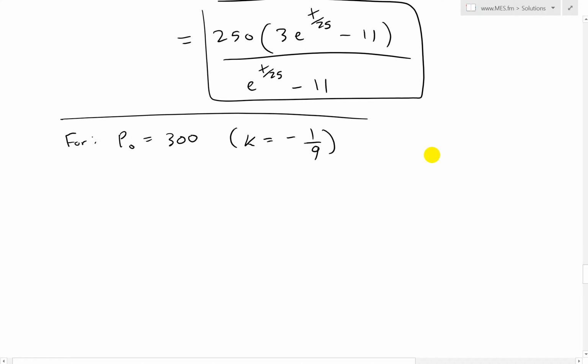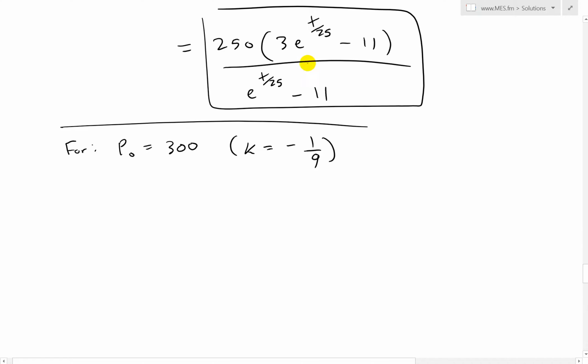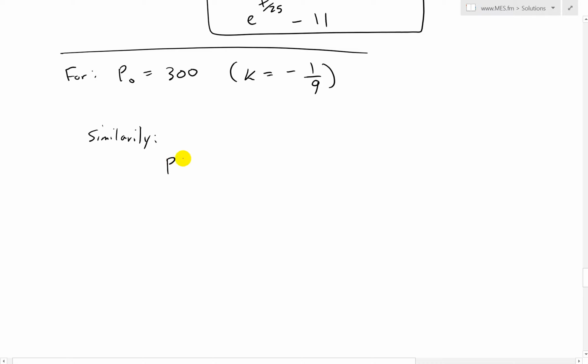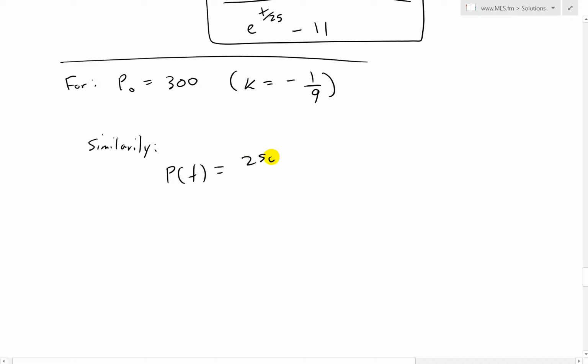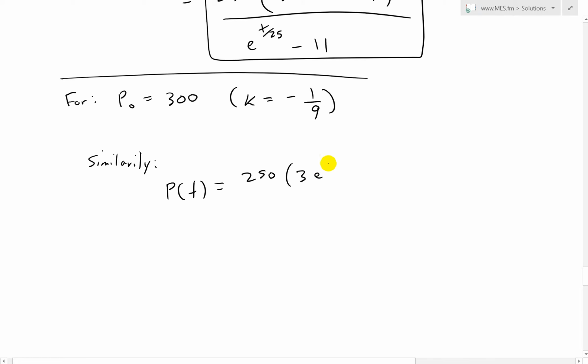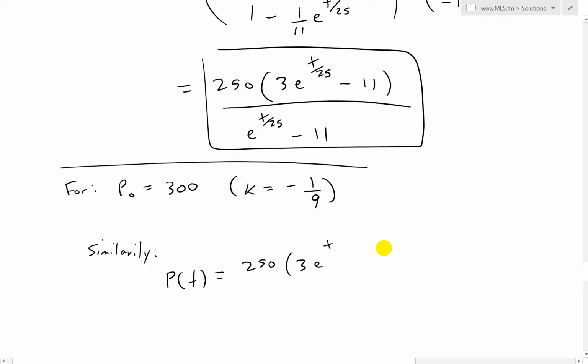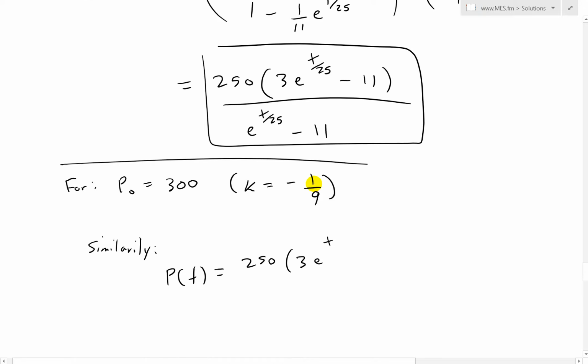So what we end up getting is, similarly, let's write that to save some time and space, P of t is equal to 250, and then this is going to be 3. So basically the exact same thing, but instead of negative 11, we'll have a positive 9.